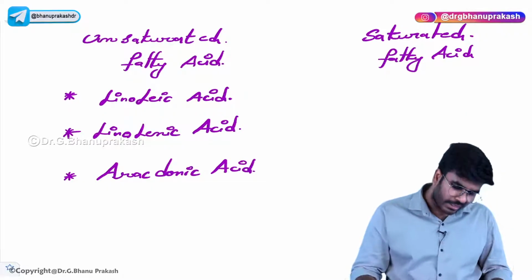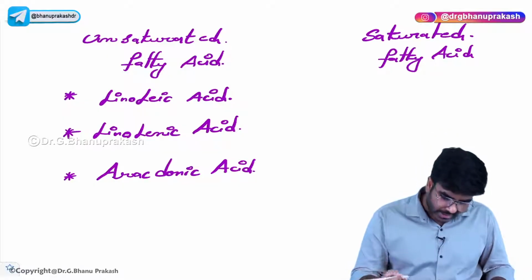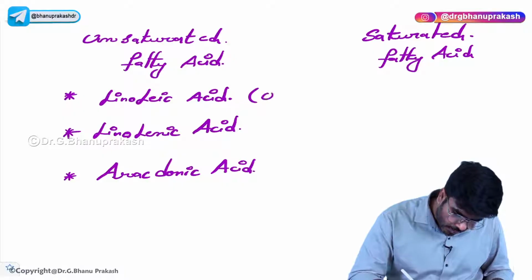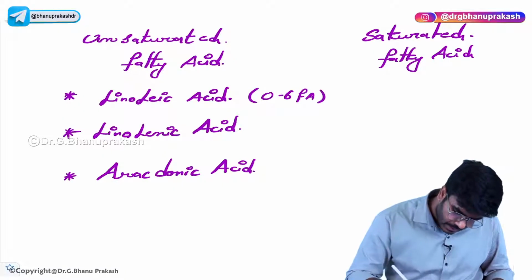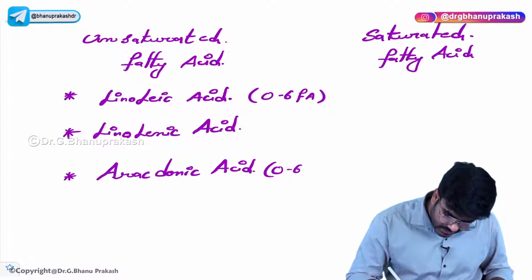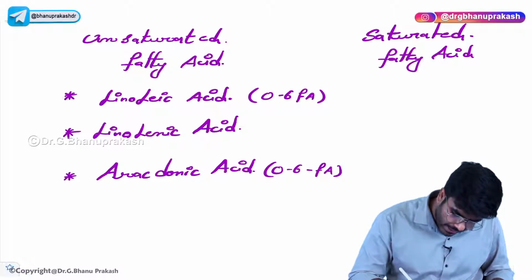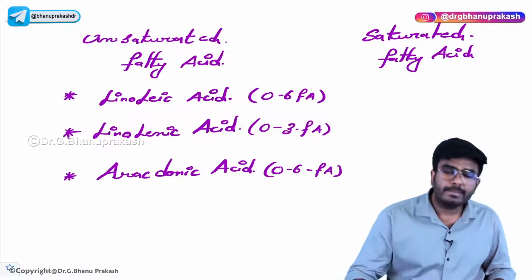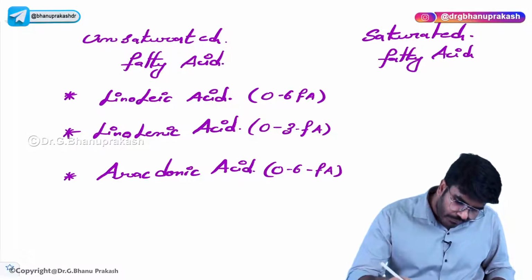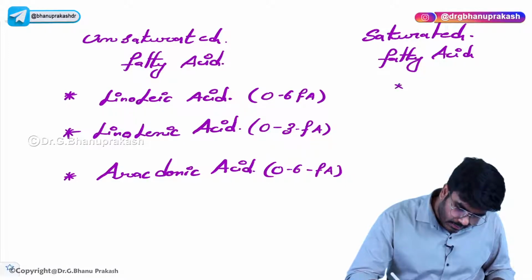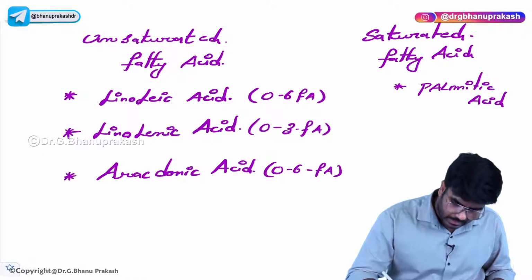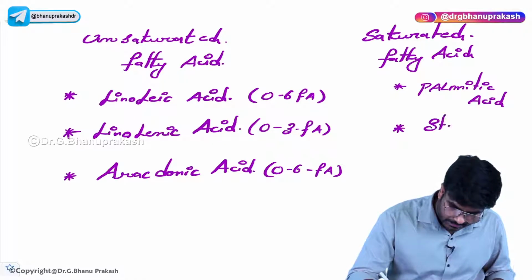You will study them in your biochemistry, but just know here that linoleic acid is an omega 6 fatty acid and arachidonic acid is also an omega 6 fatty acid, but linolenic acid is an omega 3 fatty acid. Examples of saturated fatty acids include palmitic acid and stearic acid.